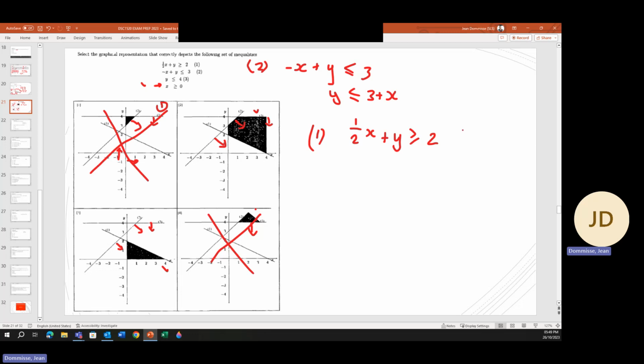So we multiply by 2 through, or let's just first take it to that side. So y is bigger or equal to 2 minus a half x. Okay, which says bigger or equal to, so it must be bigger than it. So this still all falls into it.